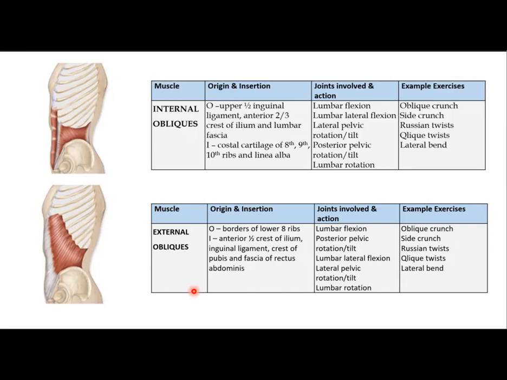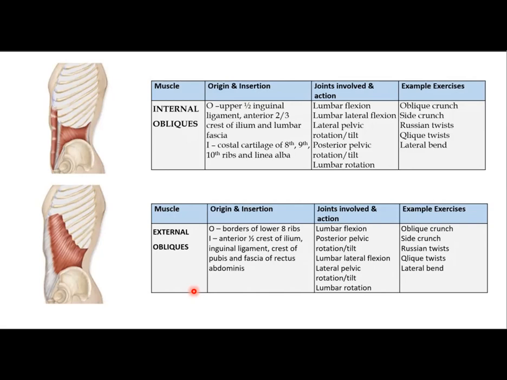So for example, when I'm doing this, I'm working my external and internal on the same side. But when I go for an oblique crunch, a diagonal, when this one is my external and this is my internal, my muscle contracts like this.